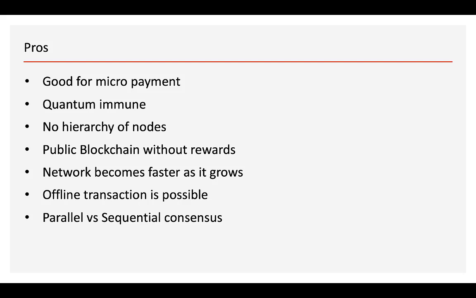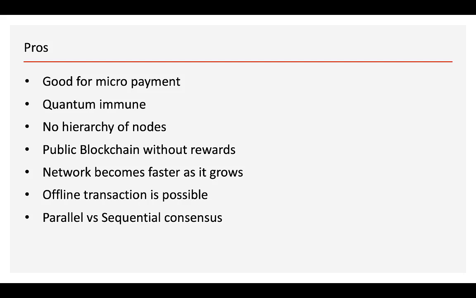Offline transactions are possible. We showed that when we discussed this, and you can have a lot of parallel activities going on at the same time, because different new transactions can select different tips, or the same tip, but they can all work in parallel, versus in Bitcoin or Ethereum, etc. Even in Hyperledger, the consensus is sequential.